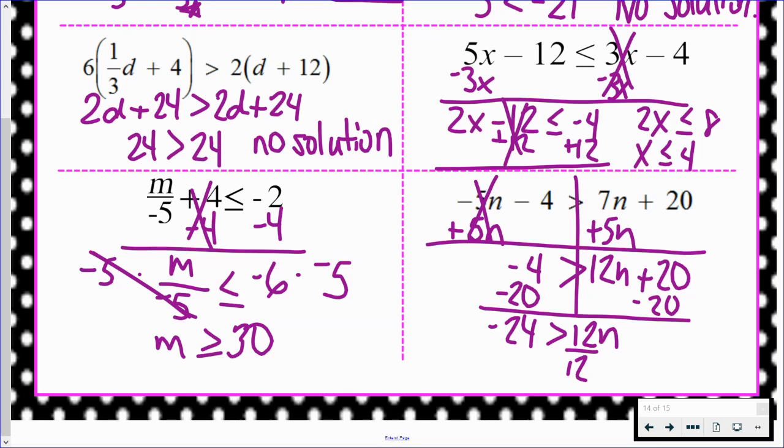Divide by 12. Divide by 12. n is less than negative 2. And then again, you want to reverse that. The point is going to the n, so I would put the point to the n. And there we go.